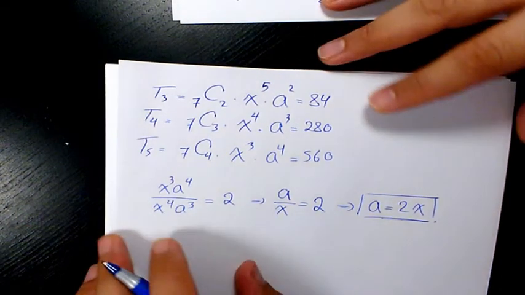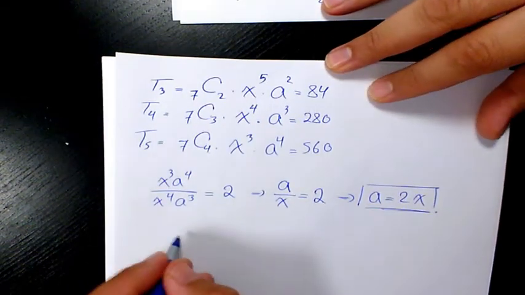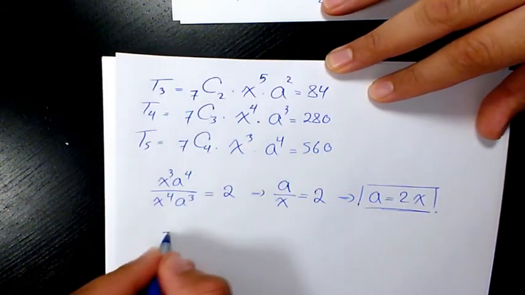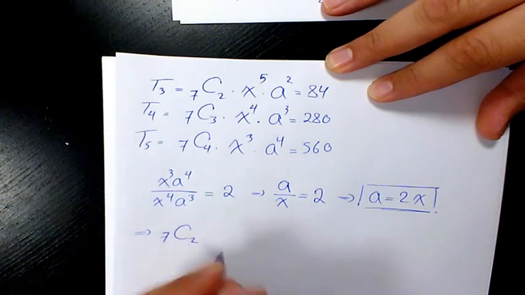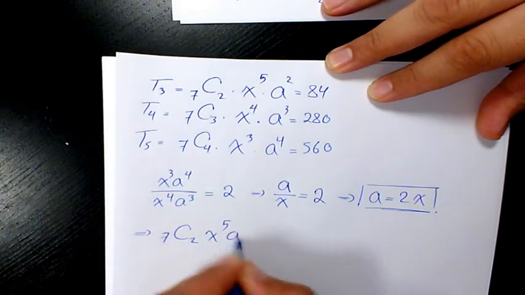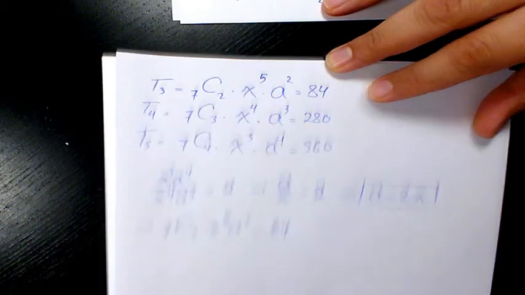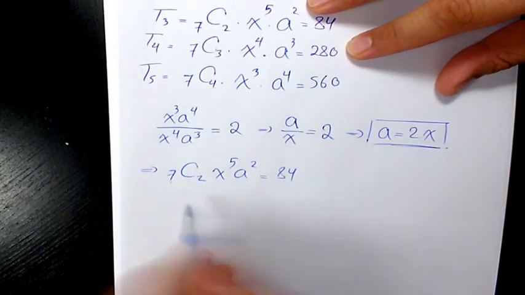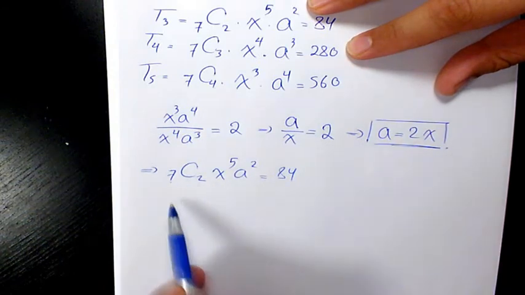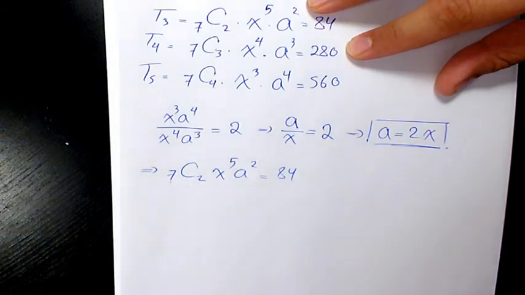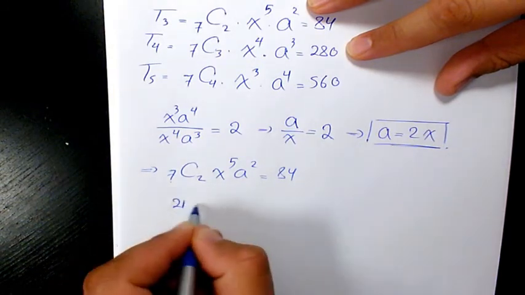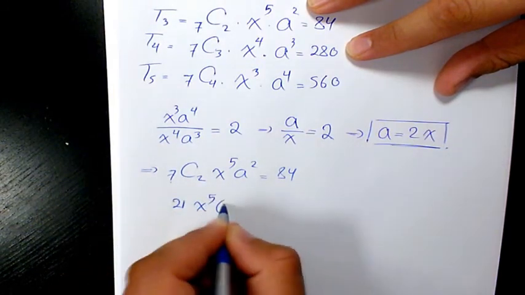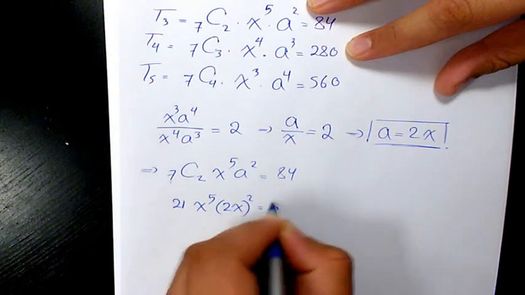So we can say, from the first one, 7C2 x to the power of 5, a to the power of 2 is 84. So 7C2 is going to be 7 factorial over 5 factorial over 2 factorial, which is 6 times 7, 42 divided by 2, which is 21. 21 x to the power of 5, (2x) to the power of 2 is 84.